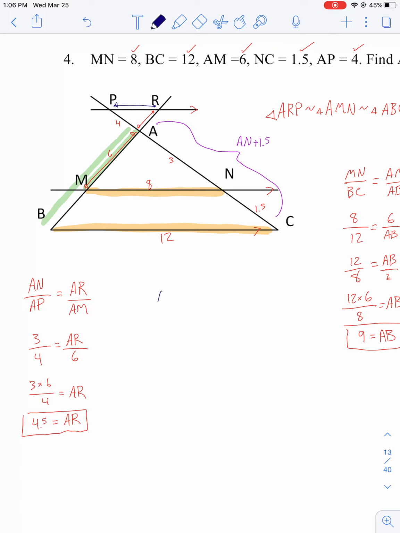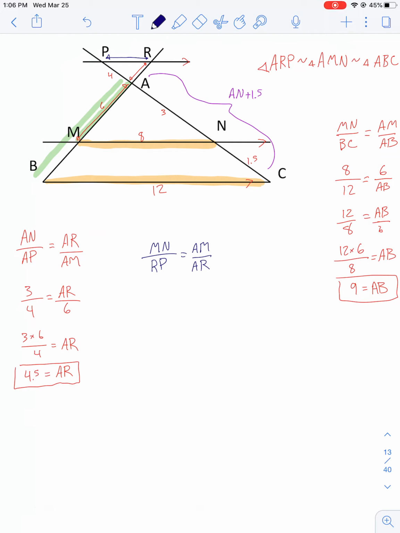So MN, the base of the right side up triangle, the ratio to RP, the base of the upside down triangle, the small one up top, is the same as any one of the side lengths. I'm going to use AM to AR. So don't forget that that is mirrored when you're looking at the side lengths there.